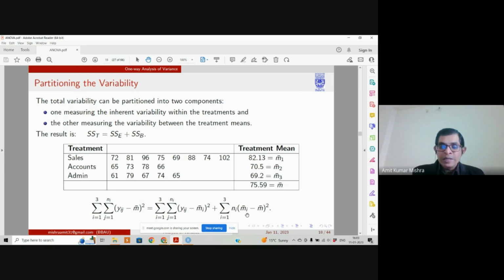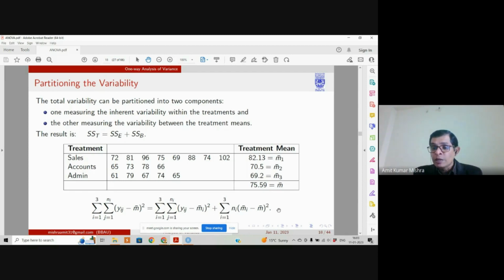Now you can easily understand the second one. If in the original populations mu1, mu2, mu3 are far away, you can easily understand that M1, M2, and M3 will be far away from M bar. So this second term will be bigger if mu1, mu2, mu3 are different, or at least two of them are different.